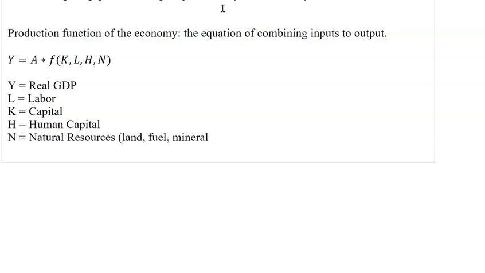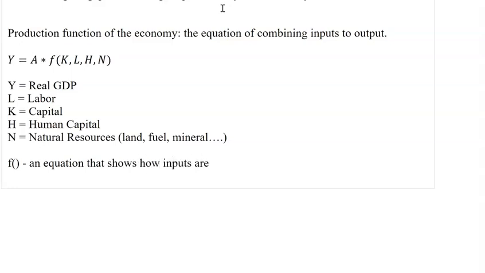We use copper wires in our electricity to conduct electricity from power plants to our homes, and many other things that we extract from the soil or from the air. So all these things combine into F. F is basically an equation that shows how inputs are combined to output.